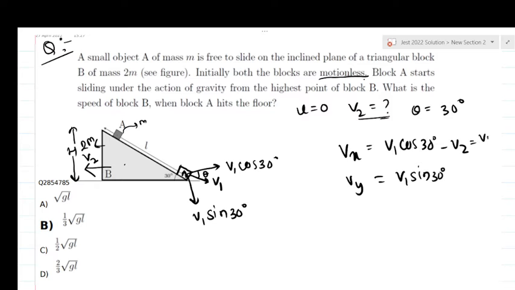So Vx is v1 root 3 by 2 minus v2, and Vy is v1 by 2.